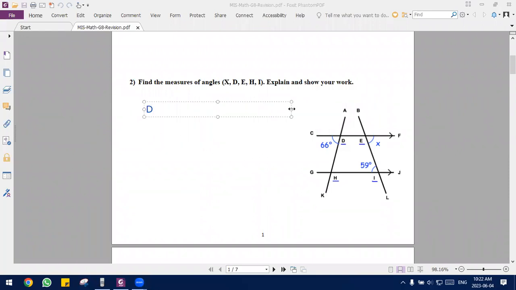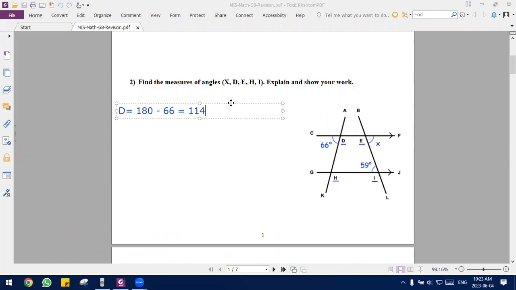So D is equal to, if you see here, we have this angle next to D which is 66, and that angle 66 and D create a straight line angle, 180. So to find D, I should do 180 minus 66, which is equal to 114.